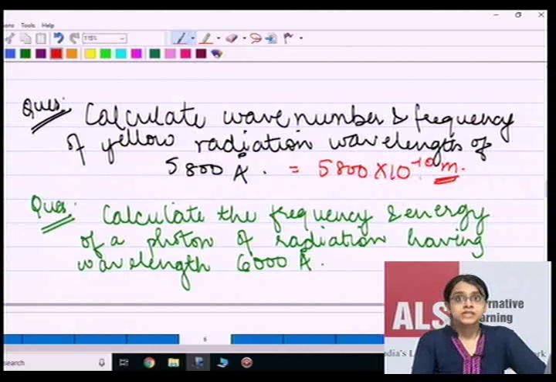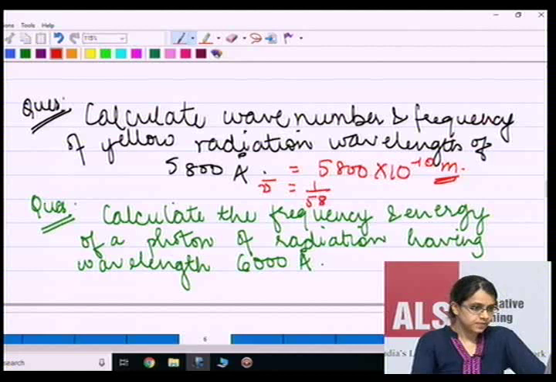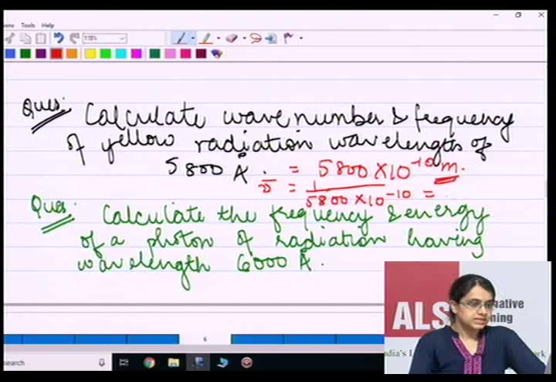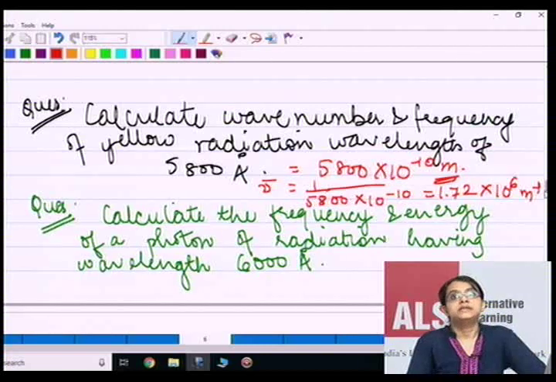Please remember this conversion: an angstrom is equal to 10 to the power minus 10 meters. So the wave number will be 1 by 5800 into 10 to the power minus 10, and this will come out to be 1.72 into 10 to the power 6 per meter. Students who didn't get this answer, please check again once.